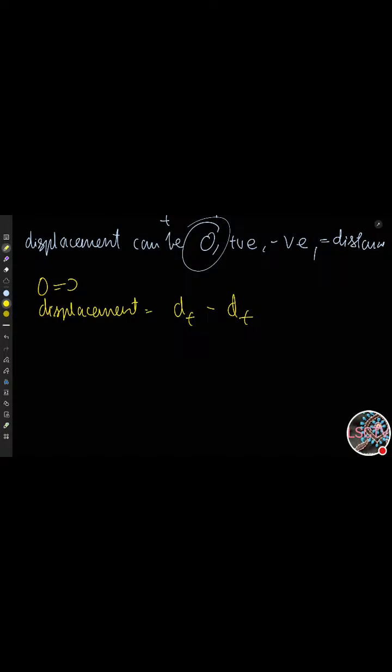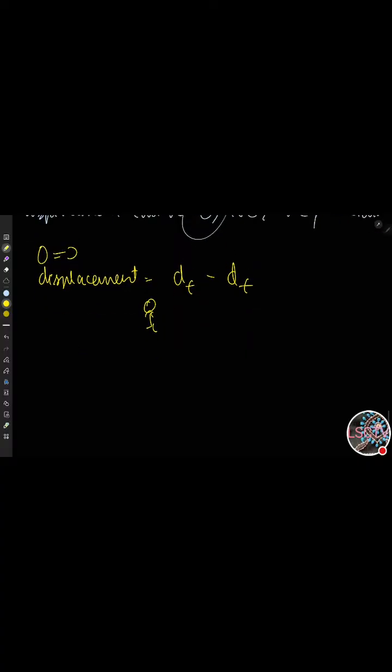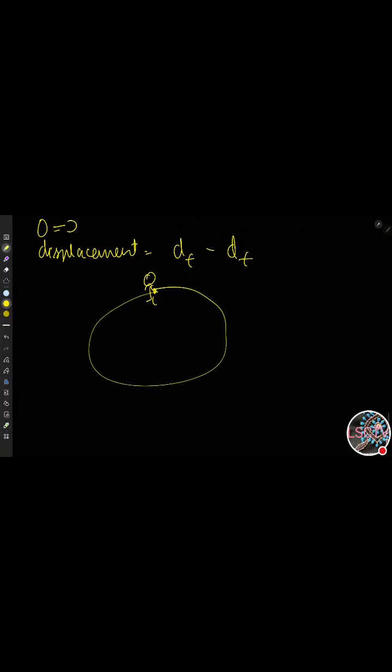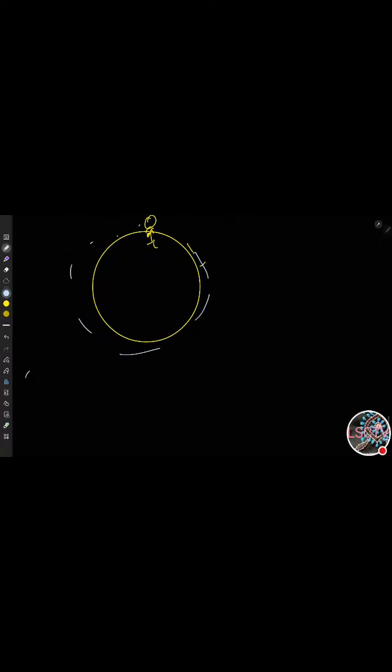Let's say this is me. I start from here, I go around a circle and I end up there. I make a beautiful circle, mission accomplished. I go around and come back here. Now, what is the distance? Distance will be the circumference of the circle, which is 2 pi r.